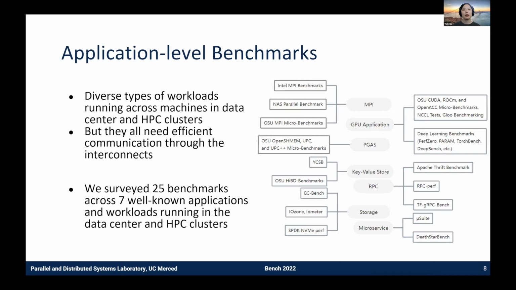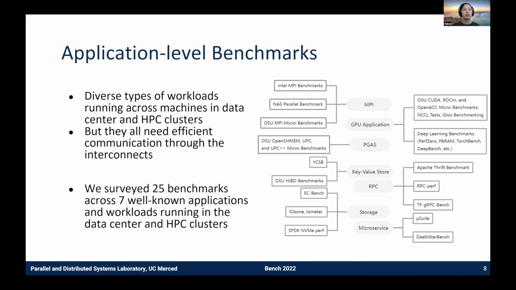To represent a wide range of applications and workloads running across the nodes in data centers and clusters, as you can see in the figure, MPI and PGAS are for the HPC area, and GPU applications for the AI area. Key-value storage and RPC are for the big data area, and finally microservices for the cloud area.